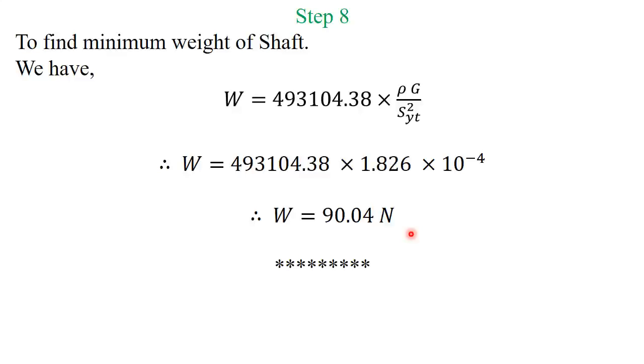You find what is unknown in the primary design equation, and then you go on replacing those unknowns in terms of some known parameters, and finally find out these unknown parameters, which are D, L, and whatever minimum weight you want to find out. Okay, so if you understand this, I will again post some videos on further problems.